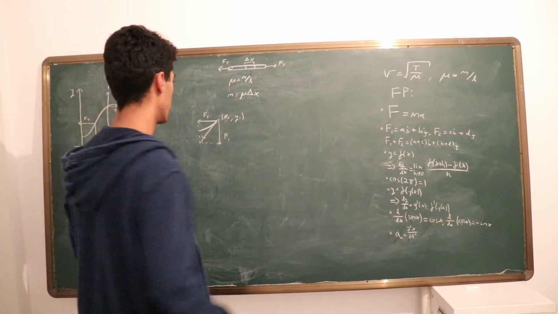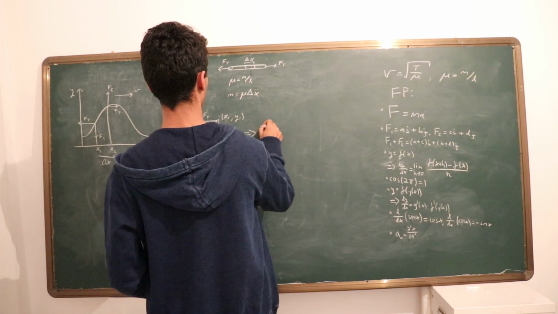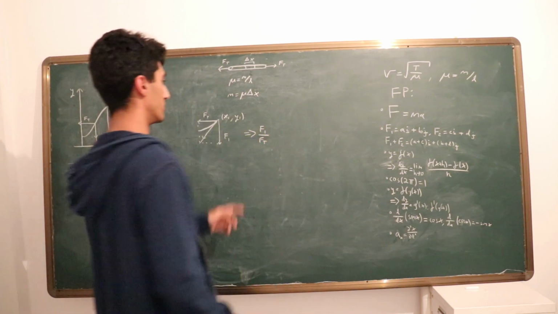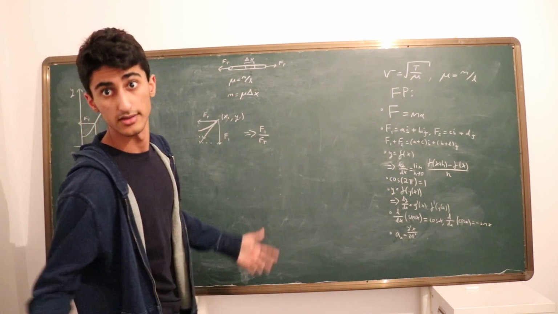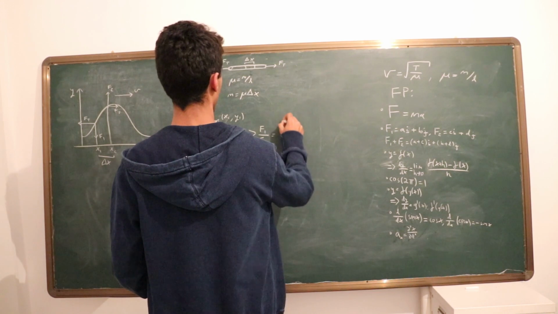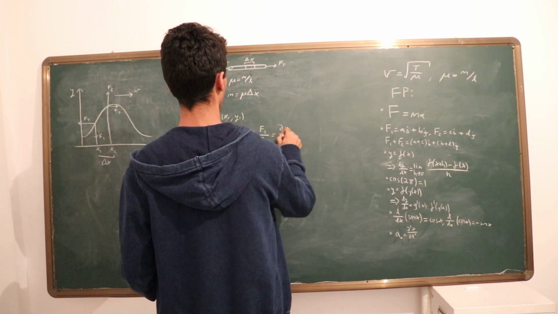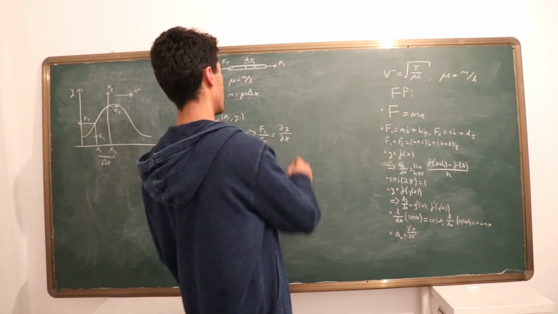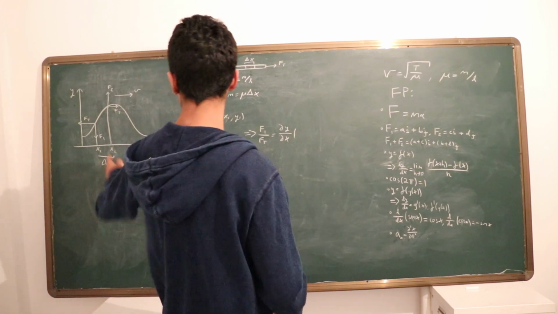So you can say that this ratio is equal to dy by dx, the partial derivative of y with respect to x at the point x1, whatever that derivative is at this point.